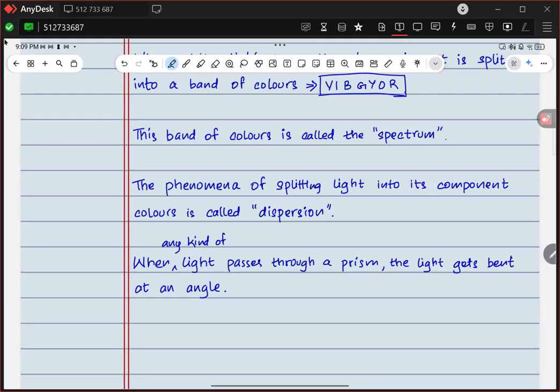Light, when I say light means any kind of light, let me just write, when any kind of light passes through a prism. Right? Am I right?